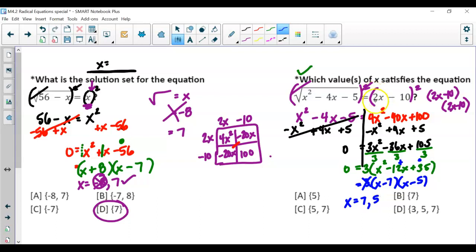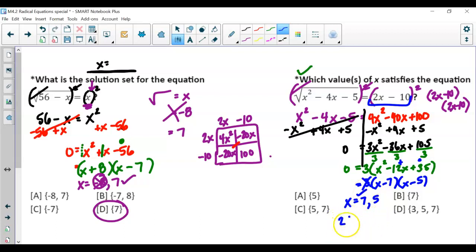So plug it back in. Now notice this is 2x minus 10. So 2 times x, 2 times 7 minus 10. 14 minus 10 is 4. So can our radical equal 4? Yes. So now let's check 5. I'll erase.